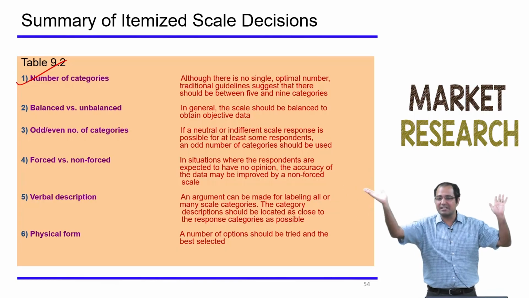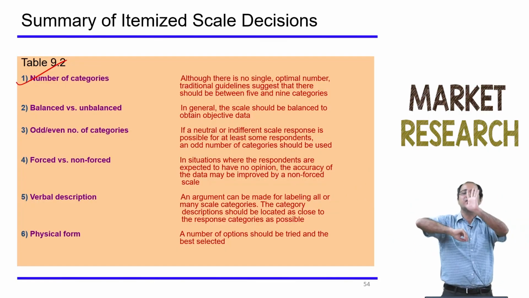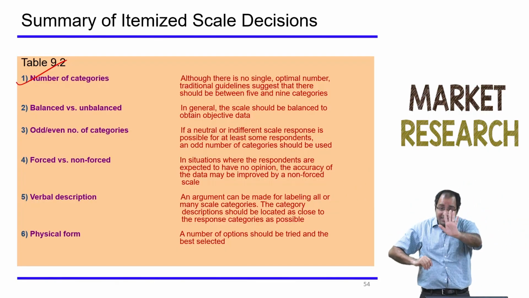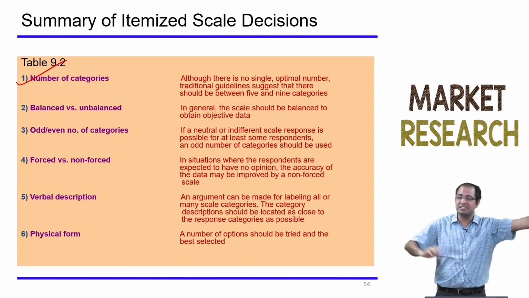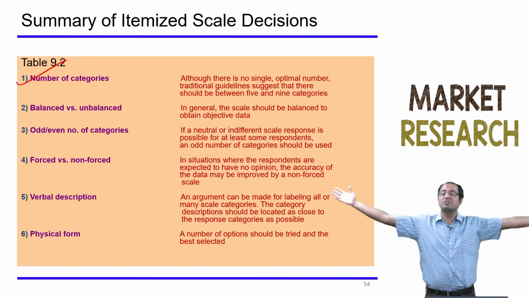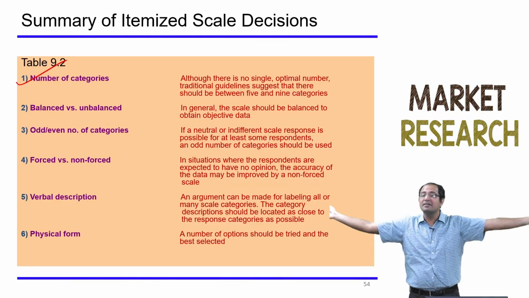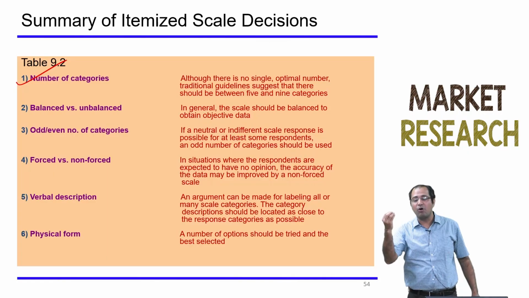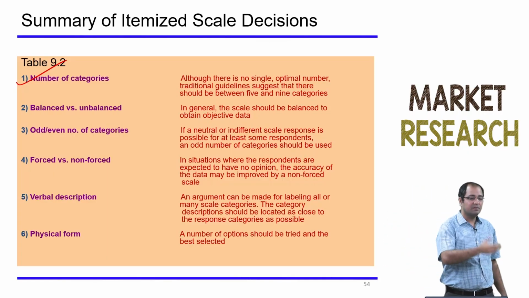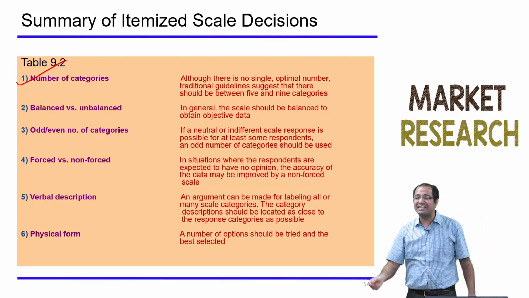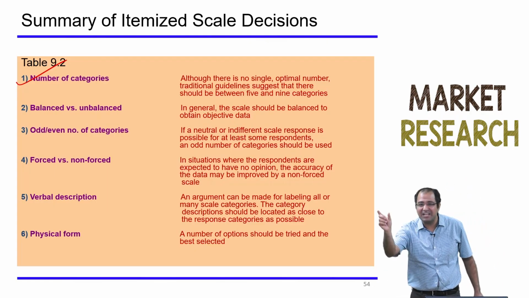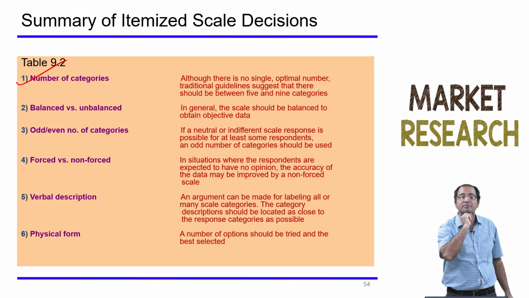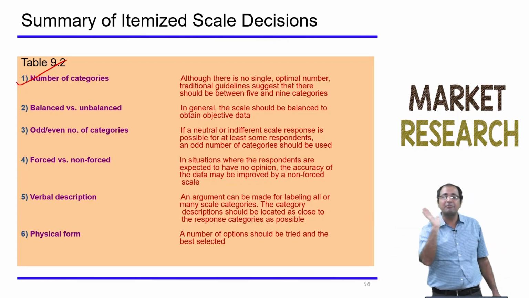Strongly agree, moderately agree, slightly agree, neutral, slightly disagree, disagree, strongly disagree, 7 point. You can make it 9 point also. You can make it 11 point. It depends upon how knowledgeable your audience is, how finely they will be able to give you the answers. Will they be able to differentiate between slightly and moderately? If not, then use 5 point.